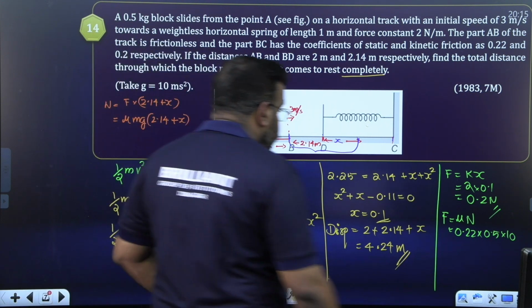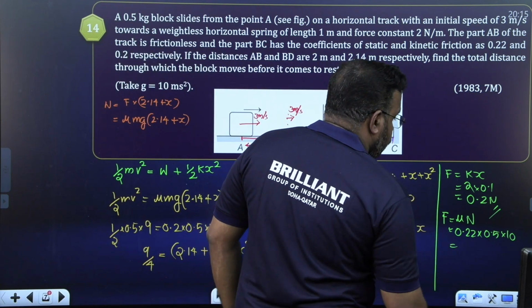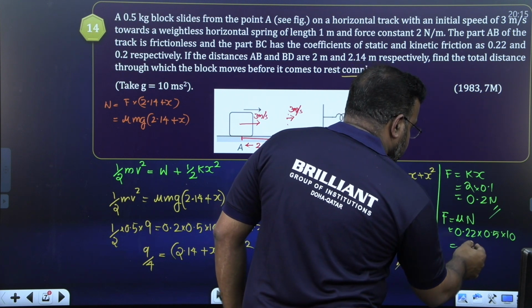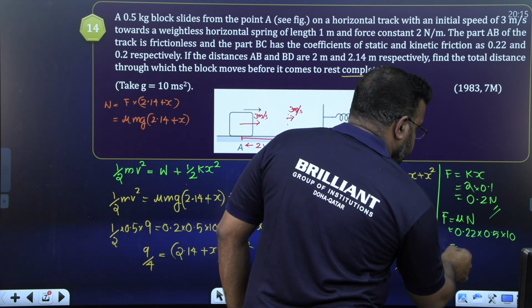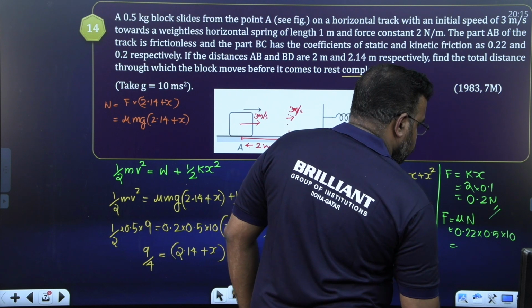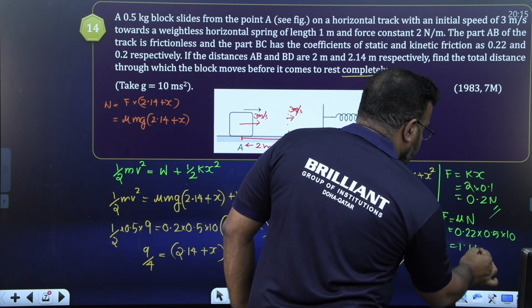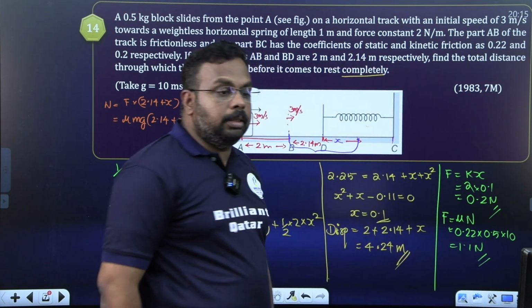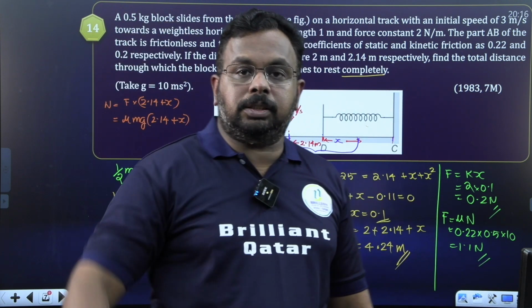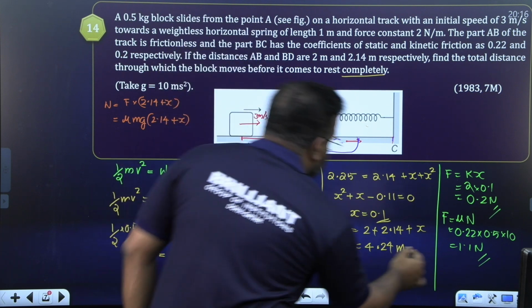Okay. So we get this one as 5 into 2.2 into 1 by 2. So 1.1 Newton. Correct. This is the static limiting friction. Limiting friction value is this much.